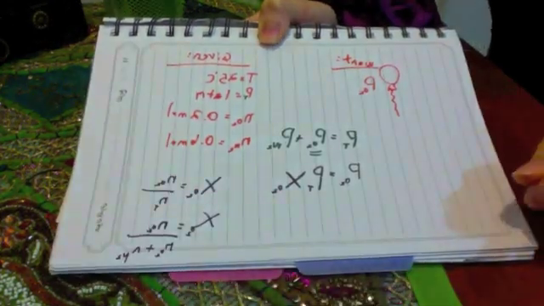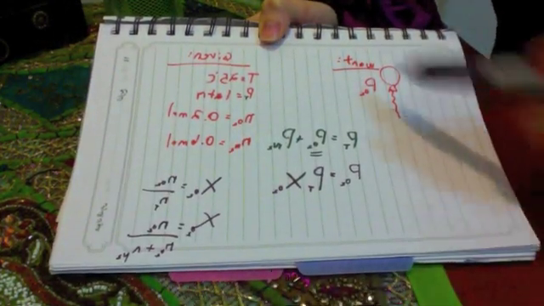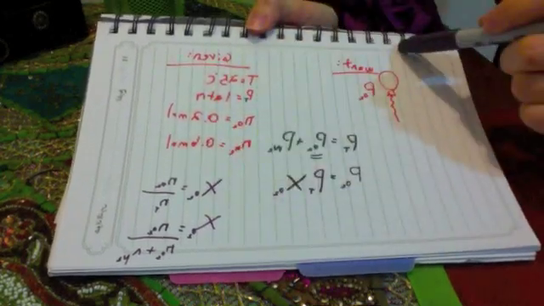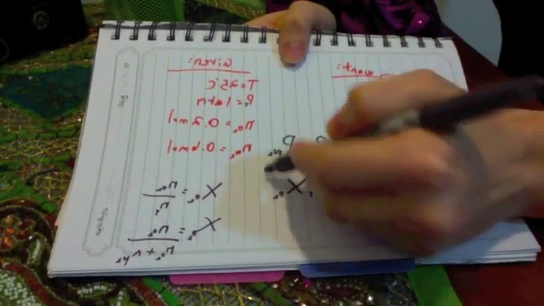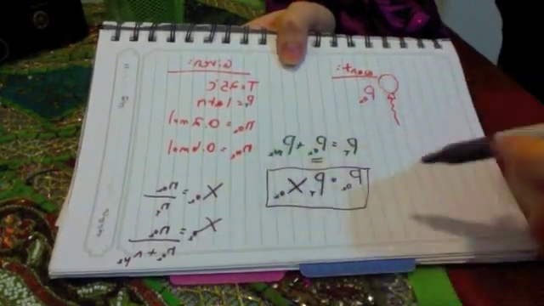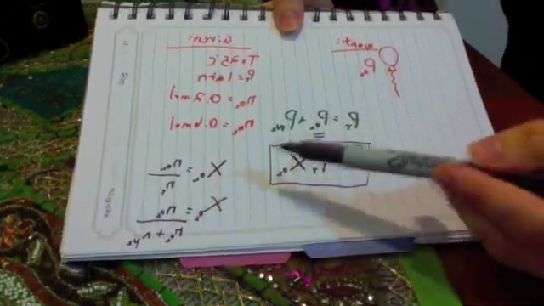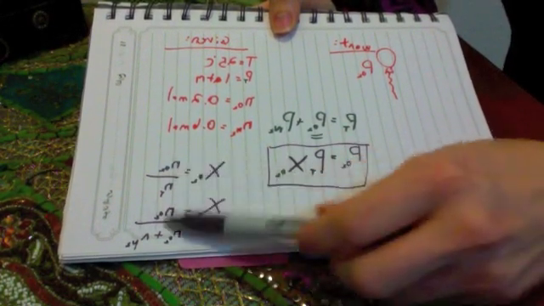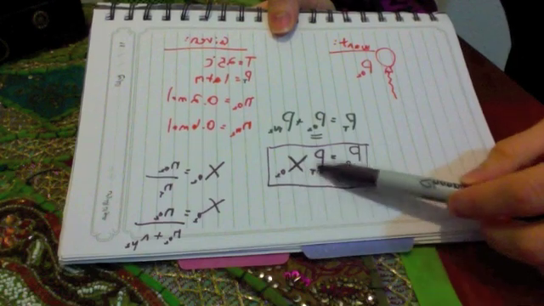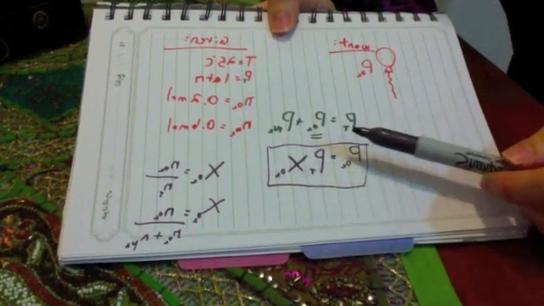So step 1, we wrote down what we wanted and what we were given. Step 2, we found the appropriate equation. Now step 3, I made sure that I have all of the information, or that I can convert and get all of the information in order to plug into this equation that I'm going to use.